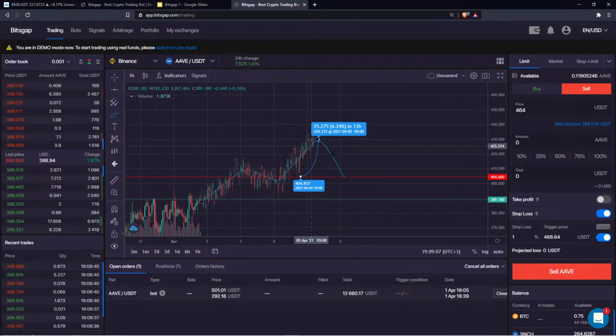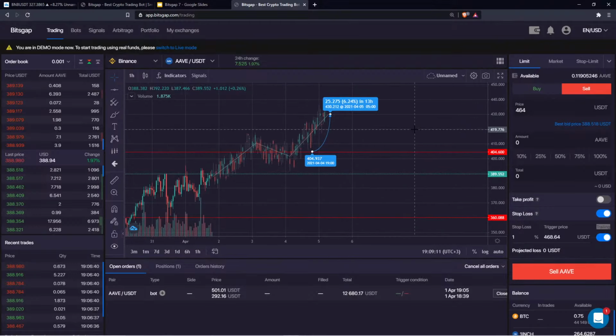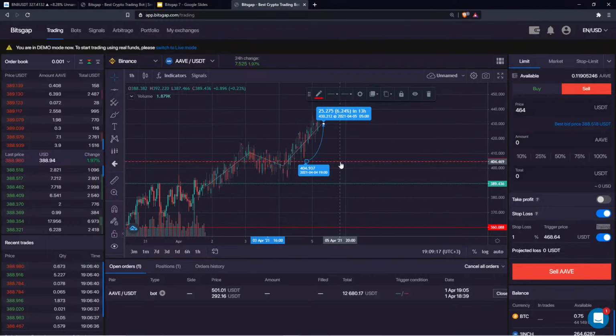So once again, at some point, the stop loss is just the stop loss as long as it stays below the market price. But once you see your stop loss above the entry price, it now becomes the take profit.